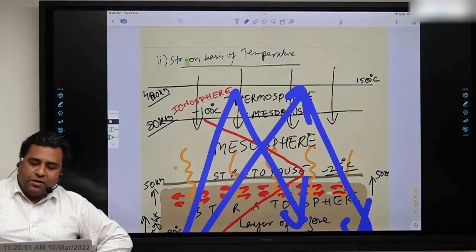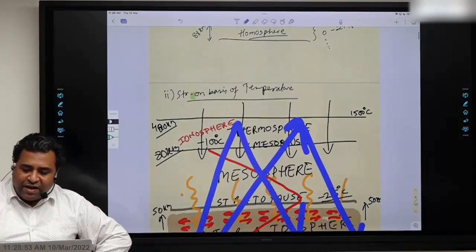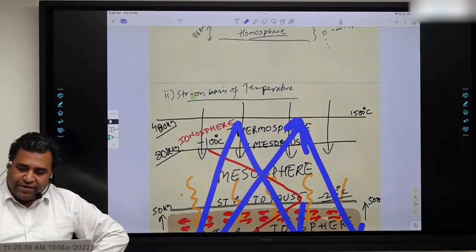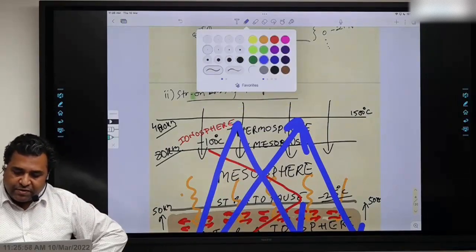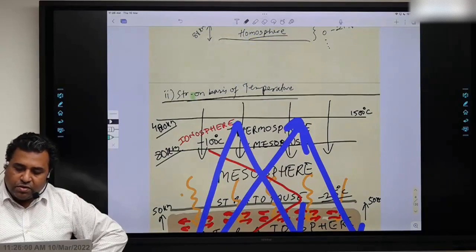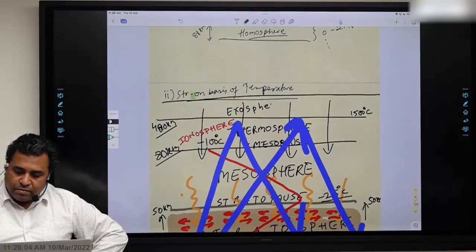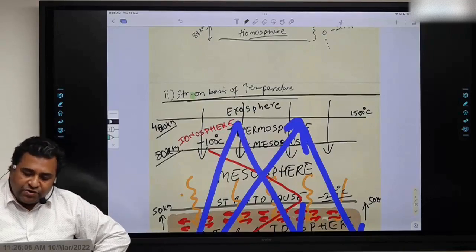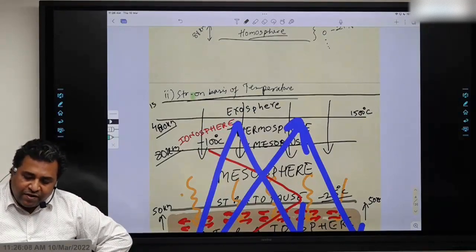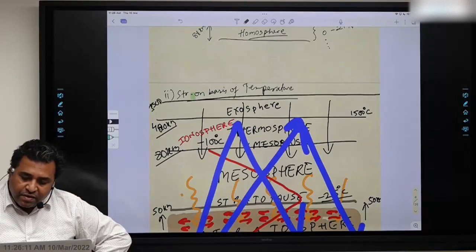Should we go beyond this? So which is the next layer? Above this you have the last layer. Very good. What is above this? Exosphere. And exosphere stretches up to a height of 3500 kilometers.